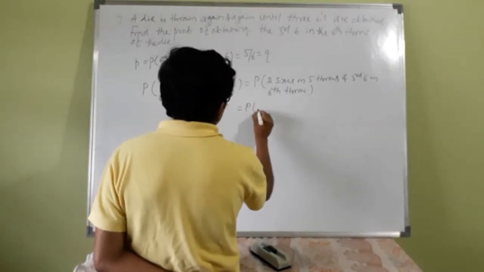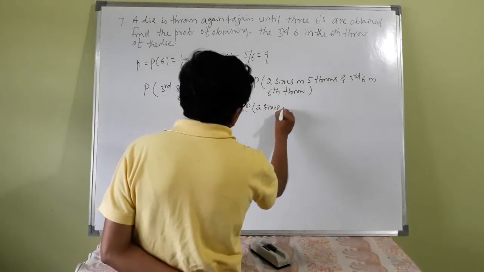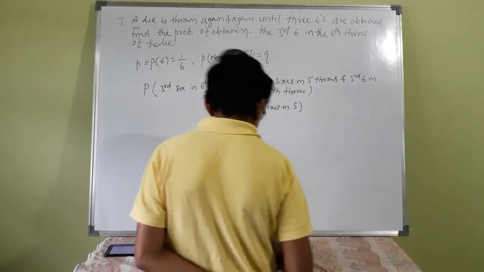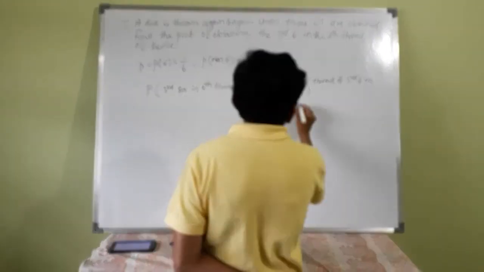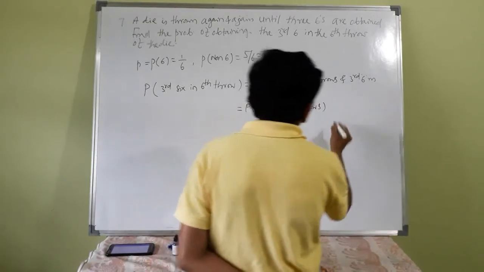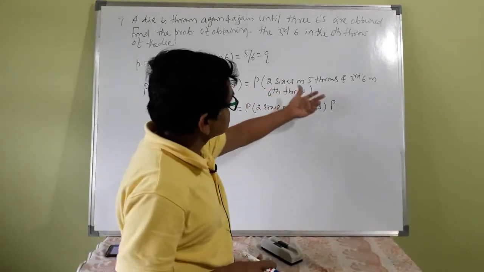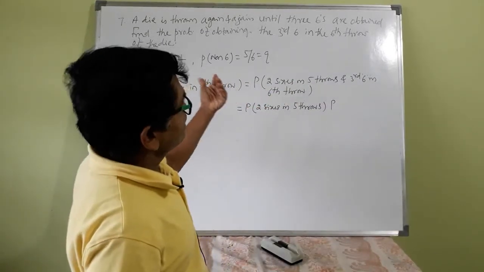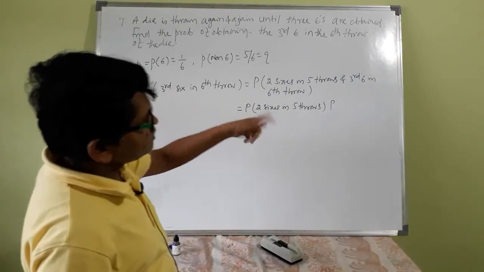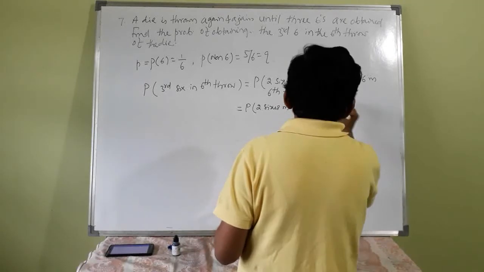So that means the probability of 2 sixes in 5 throws into the probability of getting a 6 in the 6th throw, since getting 2 sixes in the first 5 throws and getting the third 6 in the 6th throw are two independent events, so you can multiply.